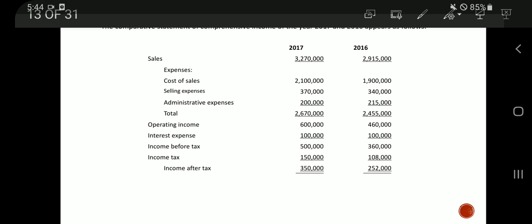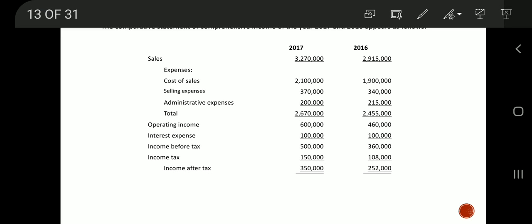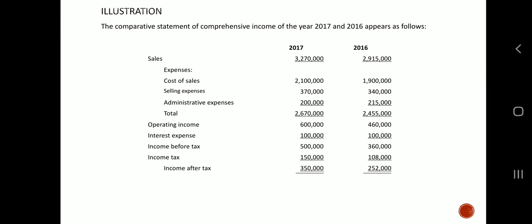And this is also the comparative statement of comprehensive income of Rainy Company for the years ending 2016 and 2017. This is also available in your handouts. I hope you guys have read the handouts already.